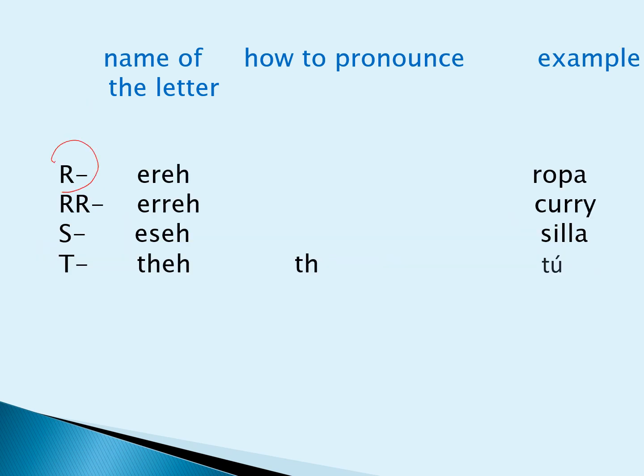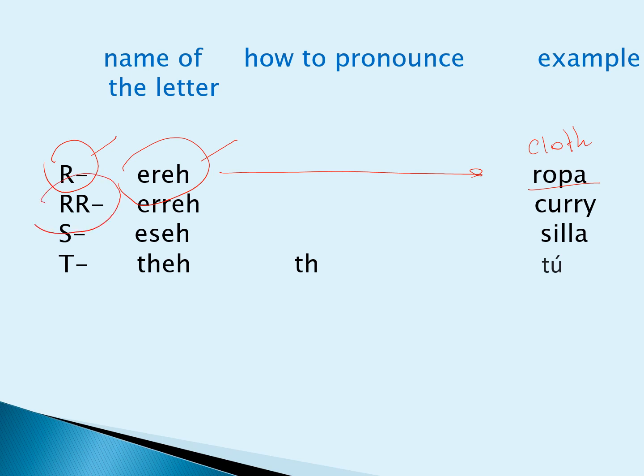In English, this letter is the R letter. But in Spanish, we don't say it that way. Example, ropa means clothes. Right. Next letter.